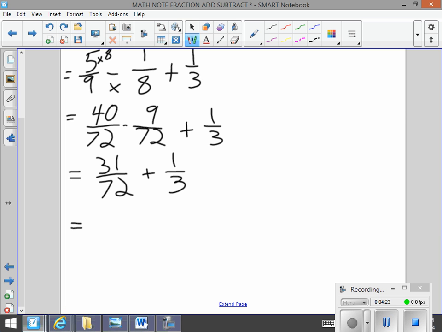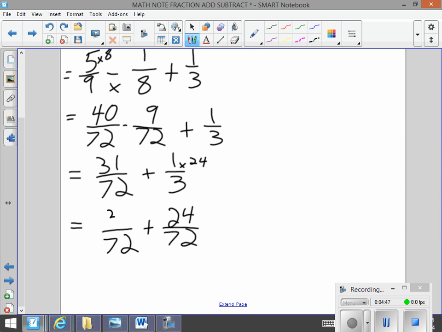I know 3 goes into 12 4 times. So that's 24. They both go into 72. That goes 24 times. So I'm going to times that by 24.